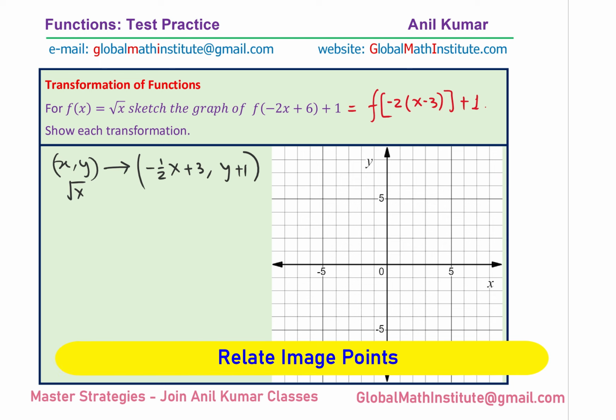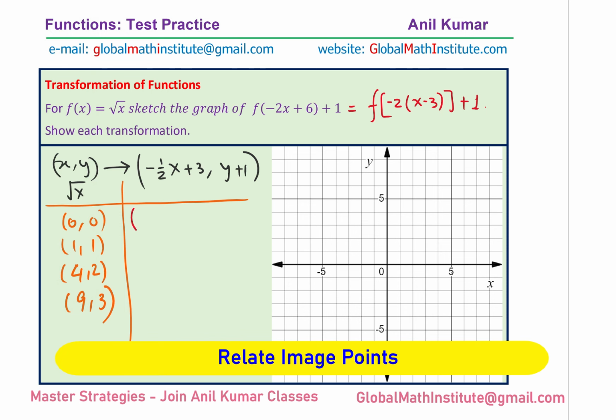Perfect. So we began with x, y values which were 0, 0; 1, 1; 4, 2; 9, 3. So when we want to find the transformed coordinate points, when you add 0, it becomes 3 and 1, right? So then we got our first point, which was at 3, 1.